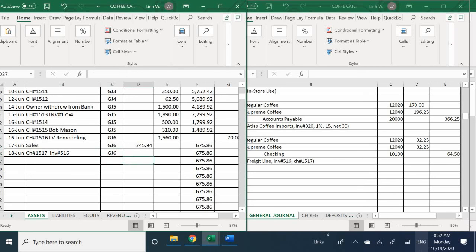Number 6. And how much am I going to credit for? 64.50. That brings my new grand total to 611.36. Okay. Where to next? Inventory.